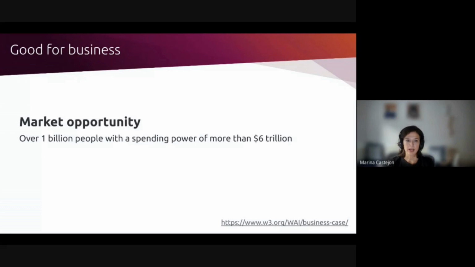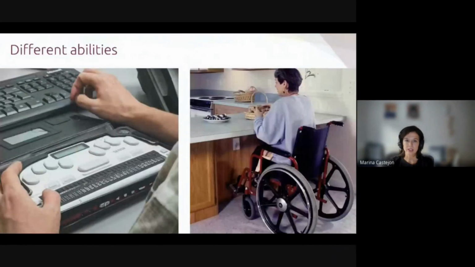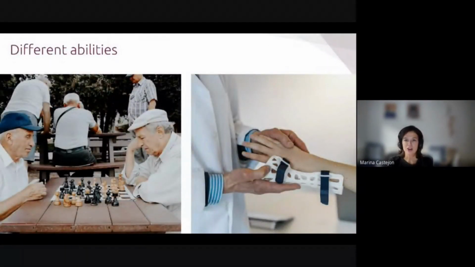Before we go on, I wanted to take a second to explain that when we talk about disabilities, we tend to think about prototypical depictions of disabilities in the media, such as visually impaired people using a keyboard or someone in a wheelchair. But nowadays, we know that as the world population is aging, there are a lot more people who will see their abilities severely decreased, even if they don't identify themselves as someone with a disability.